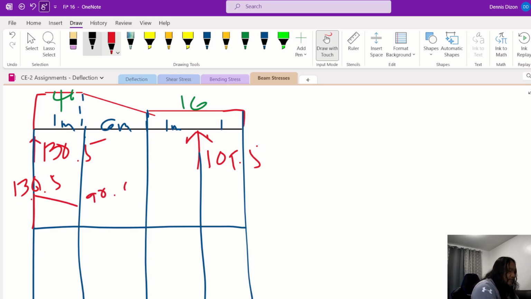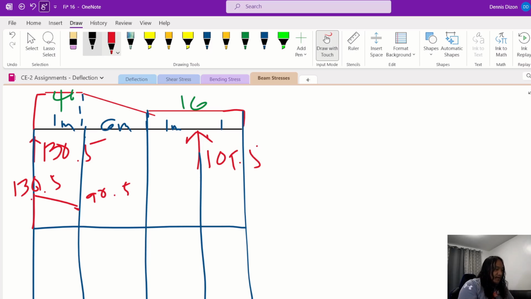This is 90.5. And then from here, we have a trapezoidal load, so it would be a second degree curve. Unlike his solution, which is linear, it should be a second degree curve.